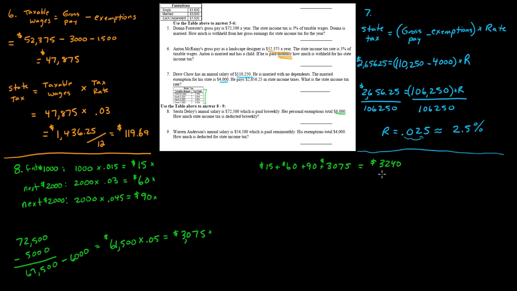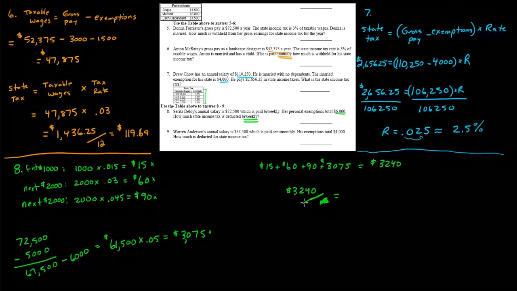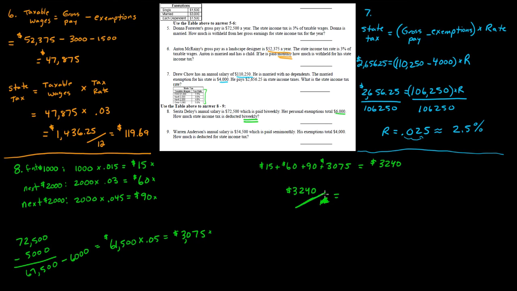This is the yearly amount. So I'm going to take my $3,240 and divide it by 12. I'm sorry, it's not going to be by 12. Why is it not going to be by 12? Because it's bi-weekly. How many times do I get paid? If I get paid bi-weekly, I get paid 26 times a year. So I'm going to divide 3,240 by 26.